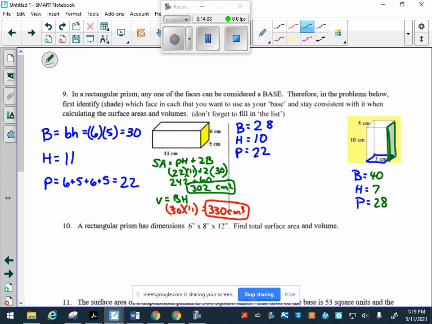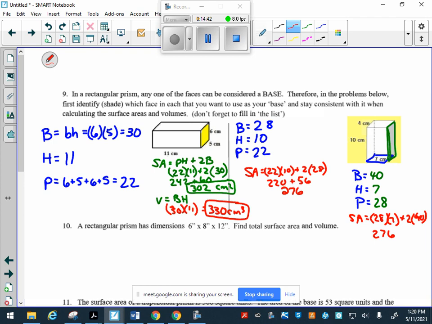So these combinations of numbers, believe it or not, when you do surface area, pH, 22 times 10 plus 2B is 220 plus 56, which is 276. If you do these numbers, 28 times 7 plus 2 times 40, you're still going to come out with 276.